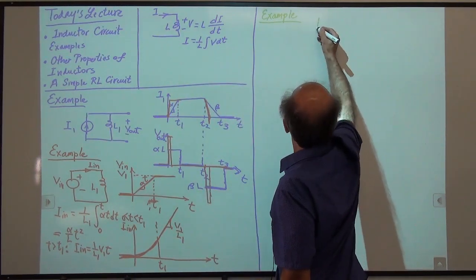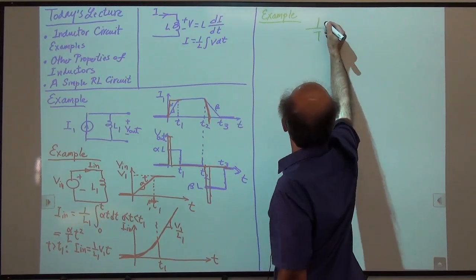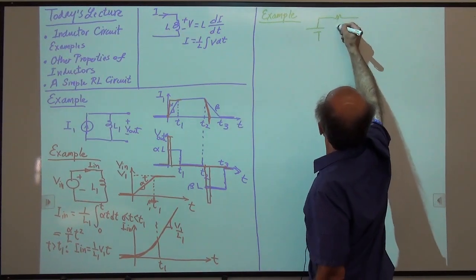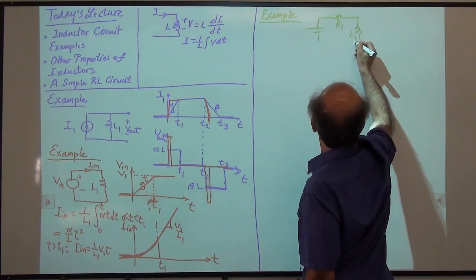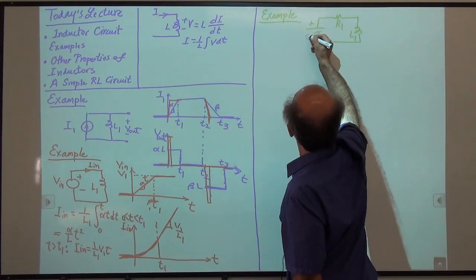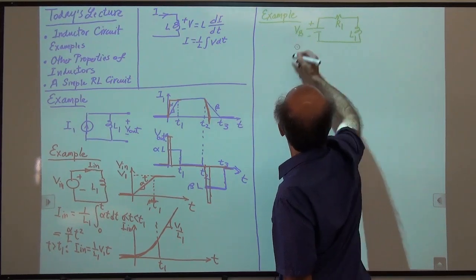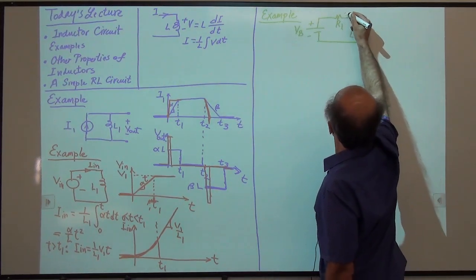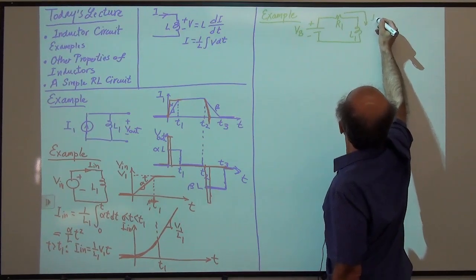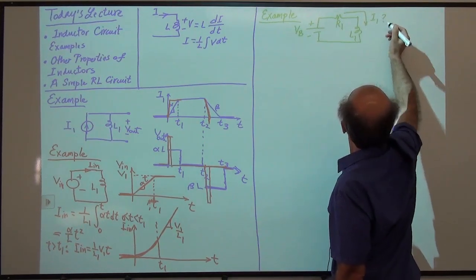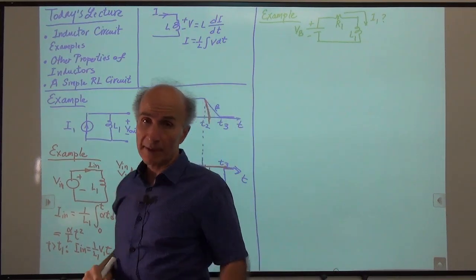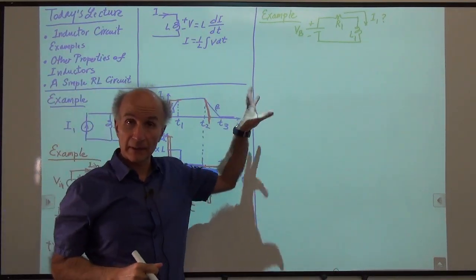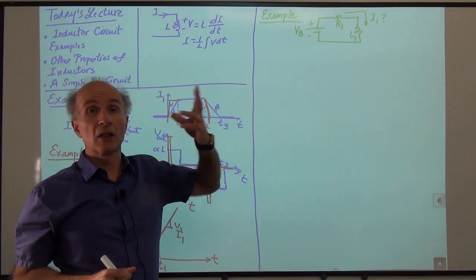We have a battery, a resistor R1, an inductor L1, a voltage source VB, and we are interested to find this current here. Call it I1.